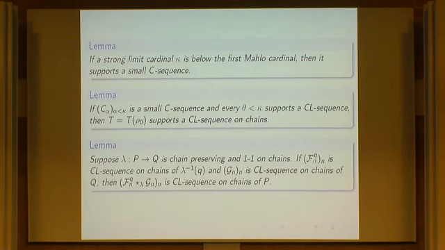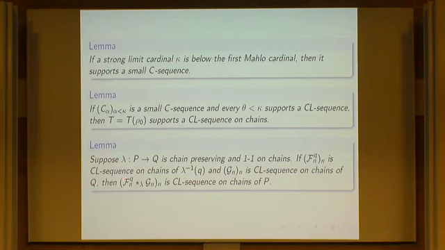And here, just to give a vague idea of what's going on, suppose I have two partially ordered sets, and this lambda is chain preserving, so a chain here goes into a chain in Q and is one-to-one on chains, so it is injective when I restrict it to chains.